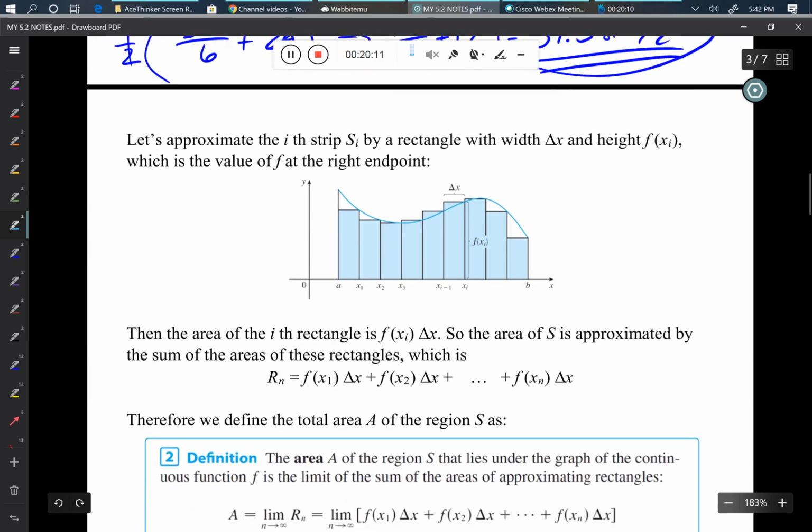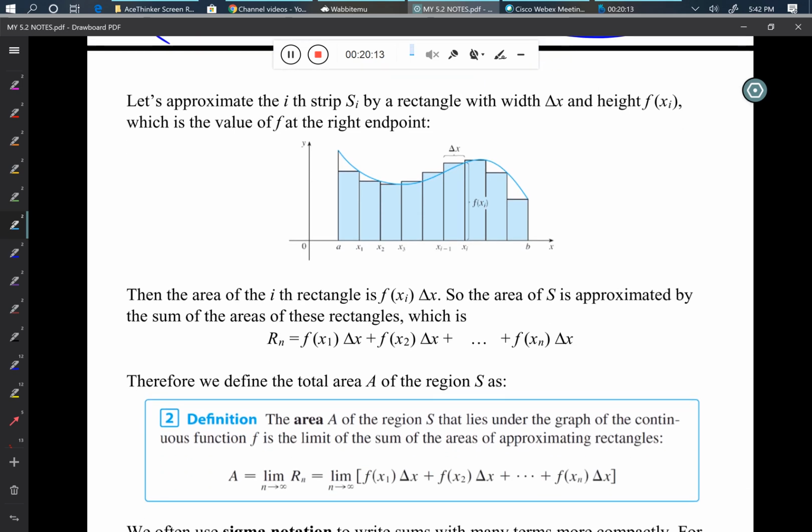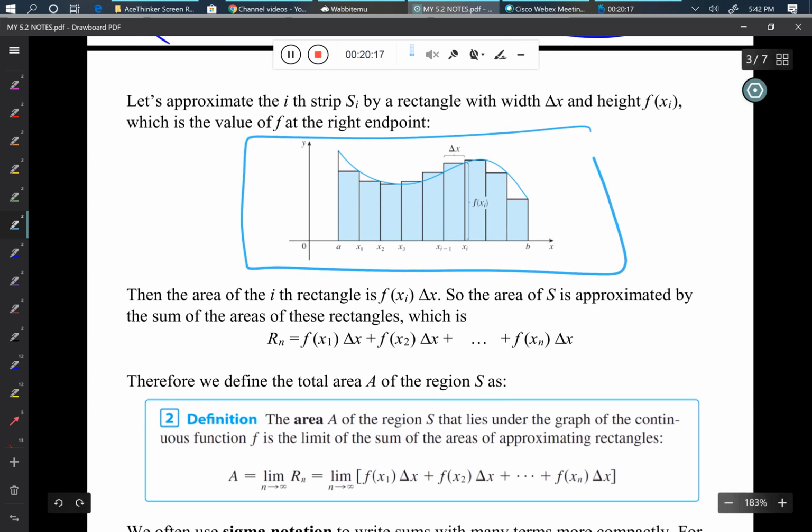For each of these strips that we're turning into rectangles, if we increase the number of rectangles, they get narrower. As n approaches infinity, then delta x, the width of the rectangles, approaches 0.